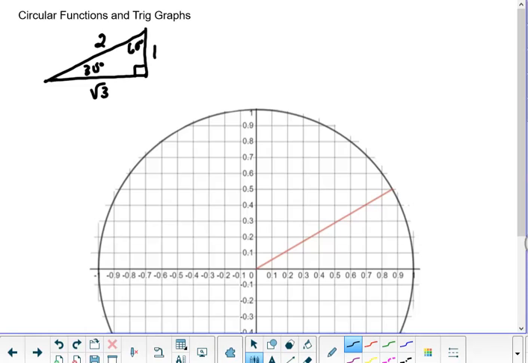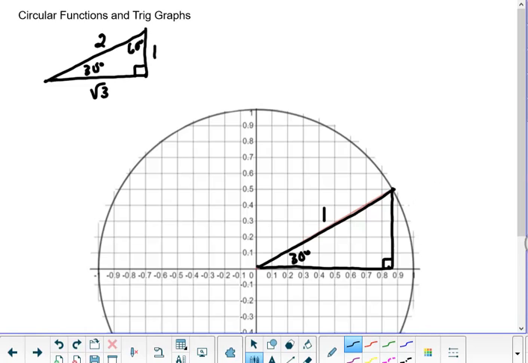Now, if I were to put that same triangle on my circle here, and if this were indeed 30 degrees, notice that the radius here is 1 for this circle, which means the hypotenuse of any triangle I draw inside the circle like this is going to be 1.